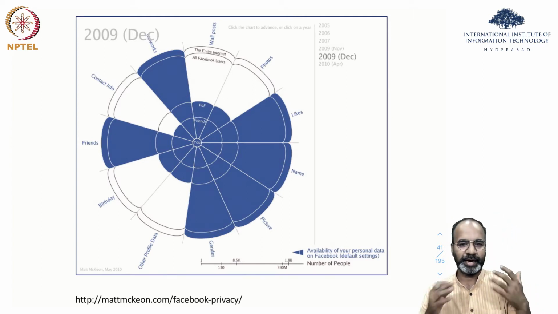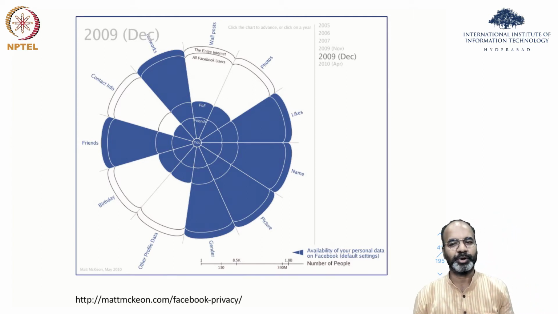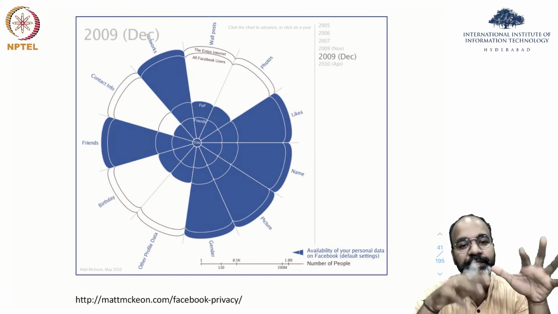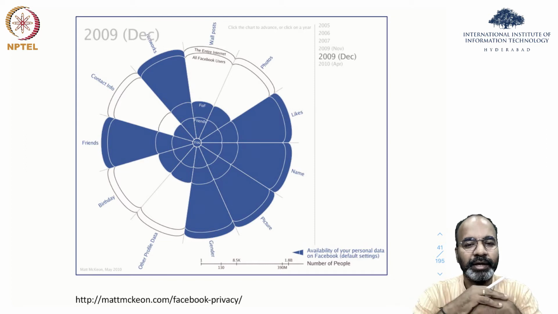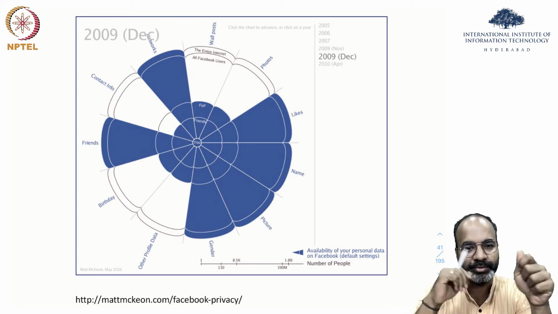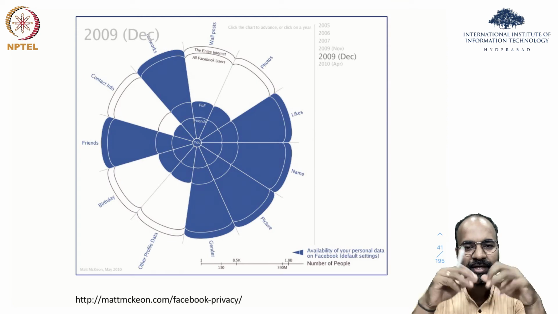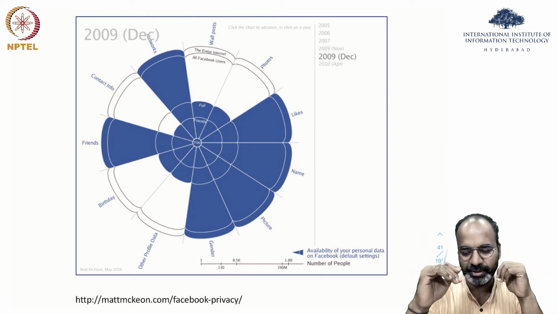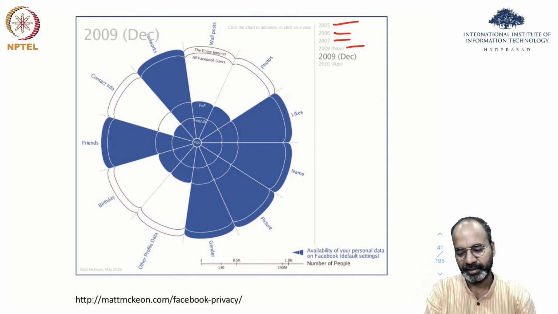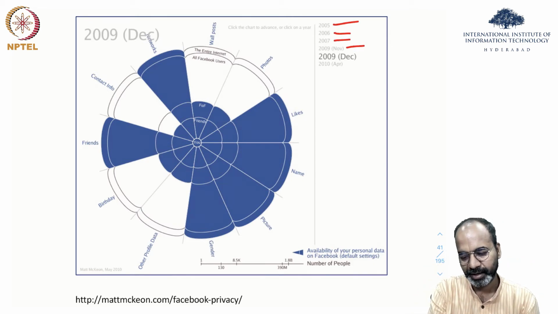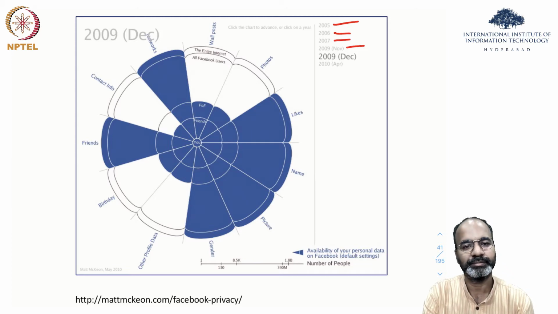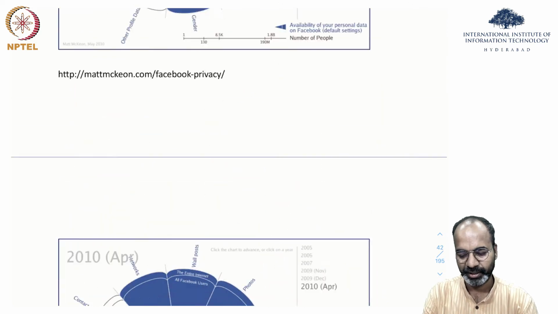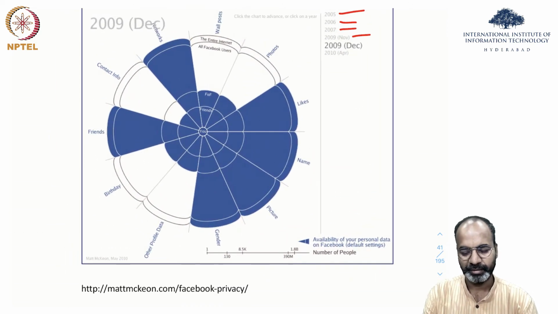Then we saw how Facebook has changed its privacy policies over a period of time, the privacy preferences for the data they were sharing with the public. Who gets access to what information has changed over time on Facebook. This is December 2009. In the deck that we had, I showed you all these timestamps. Today I'm just showing you December 2009 and April 2010.